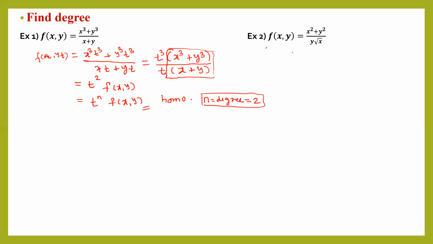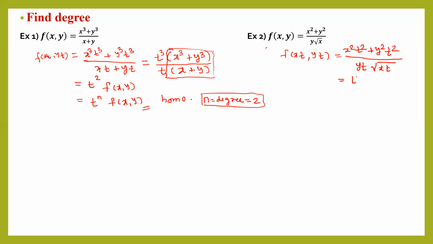Okay. Similarly, you can solve this example also. Replace x by xt, y by yt, and you will get f of xt yt equal to x square t square, y square t square, and from the denominator, replacing y by yt and x by xt, you will get this term.